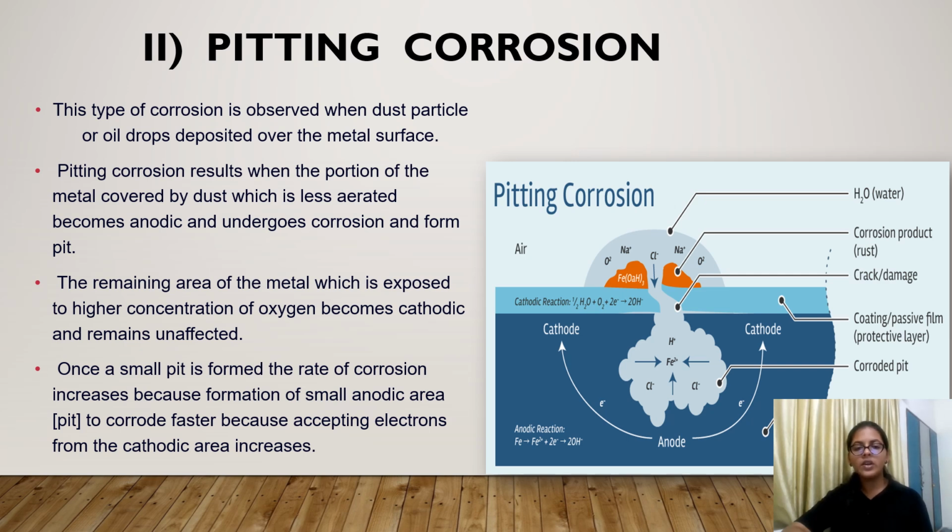The remaining area of the metal, which is exposed to a higher concentration of oxygen, becomes cathodic and remains unaffected. Once a small pit is formed, the rate of corrosion increases because the small anodic area or pit corrodes faster as the acceptance of electrons from the cathodic area increases.